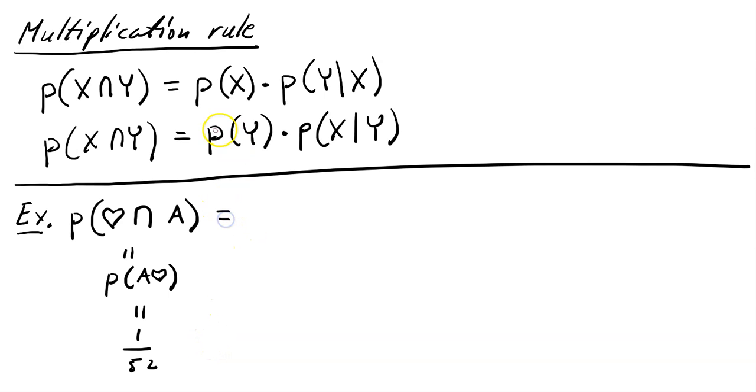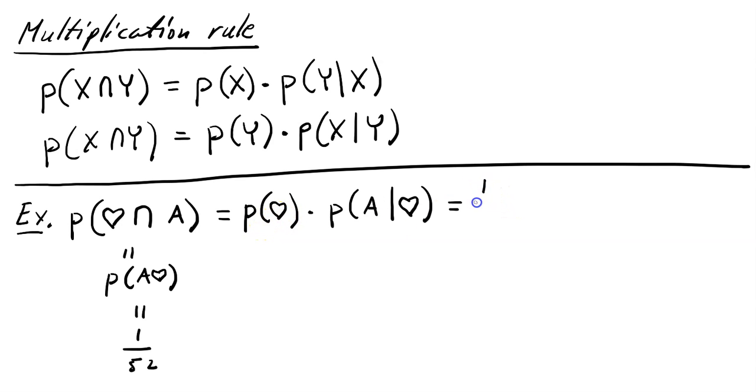But we can also calculate this using the multiplication rule. This is the probability for having a heart times the probability for having an ace, given that the card was a heart. Okay, what's the probability of getting a heart if you draw a card from a deck?